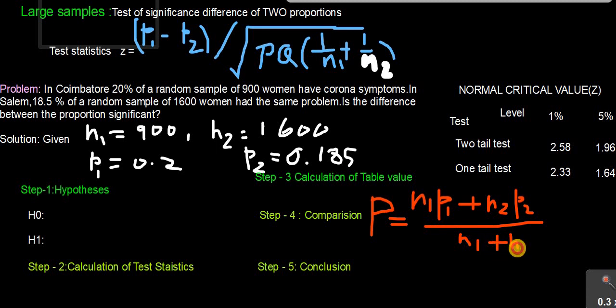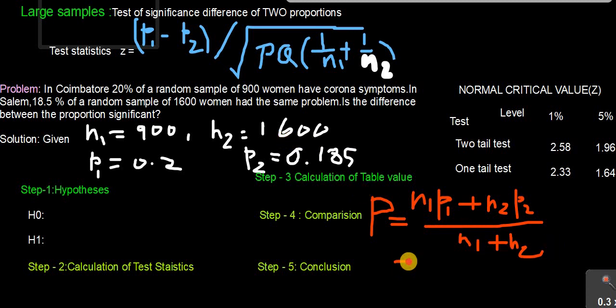That's the capital P formula. All the data we know well here. So you substitute N1, P1, N2, P2, and N1 and N2 in the denominator.